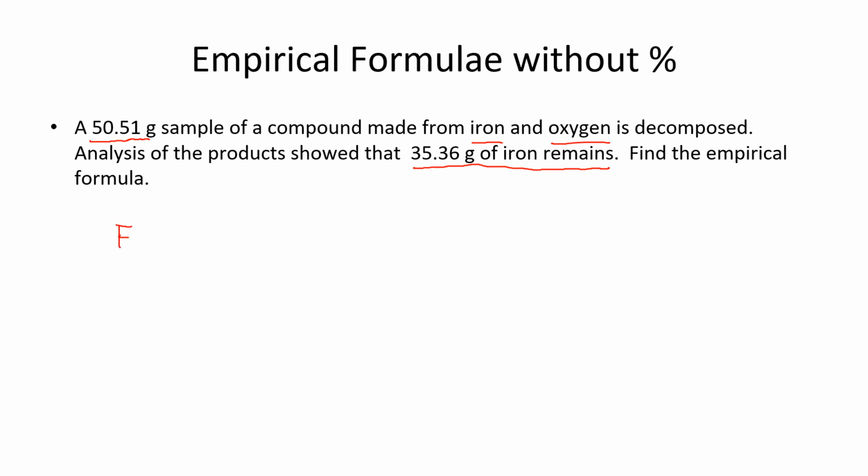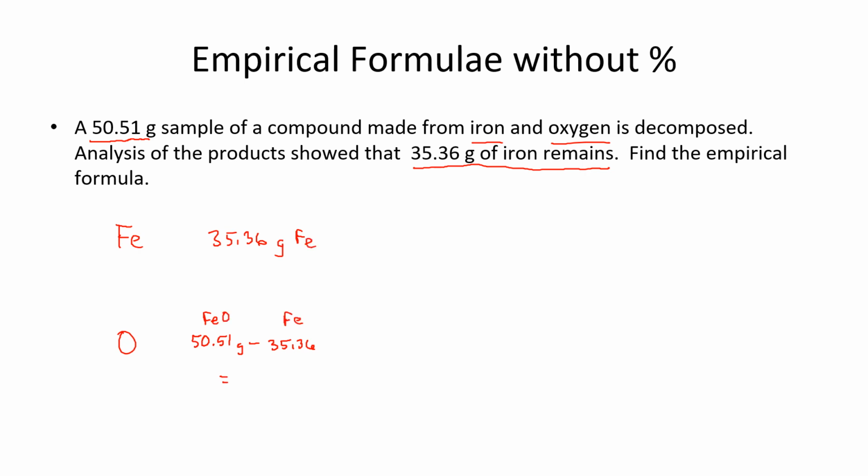So the iron mass is given to you right away, being 35.36 grams, right? And for the oxygen, you're going to have to subtract. We started with 50.51 grams, and we're going to subtract the 35.36. This is iron and oxygen. This is just the iron.